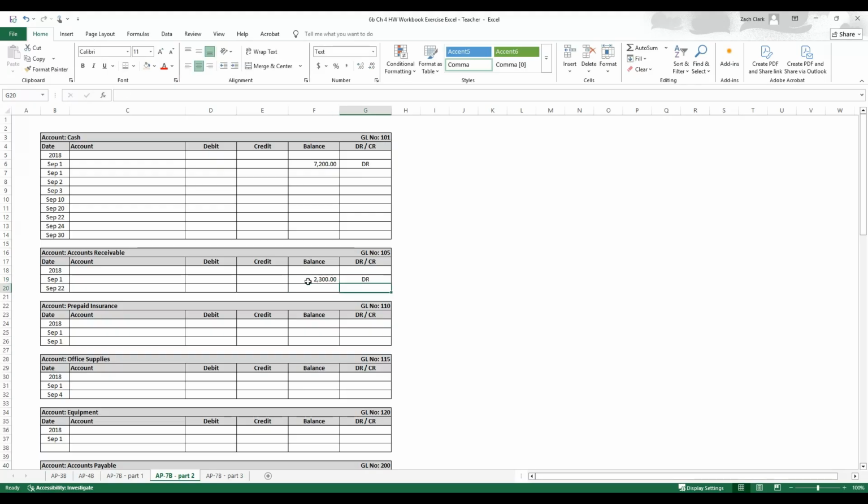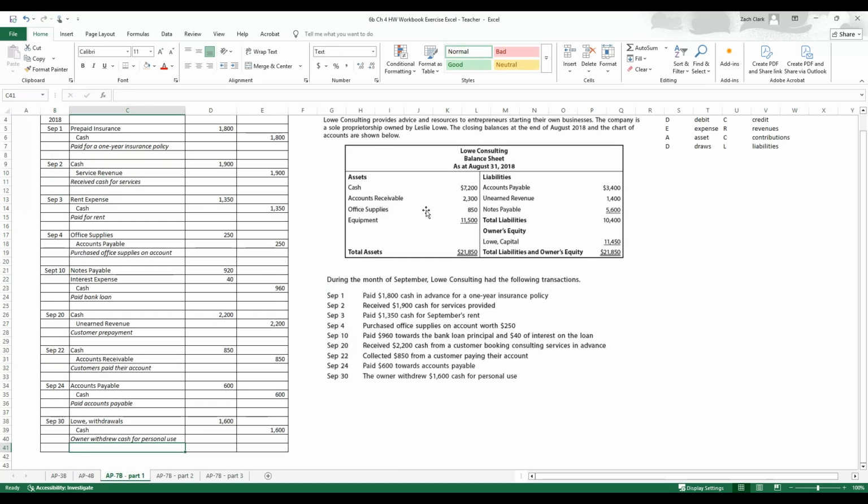Debit normal balance again. And note that we're putting these opening balances in all here at September 1st, the first day of the month. And you could have additional transactions that happen on the 1st. It doesn't have to just be one transaction, only one date per line. But we do want to put opening balances at the opening point of the month.